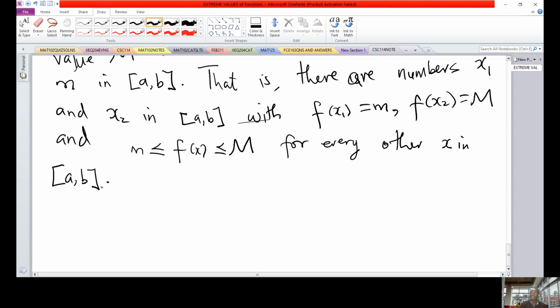We'll not go into the proof of this theorem because it involves knowledge of real analysis, which is not necessary for this course. So some possibilities, let's have some sketches of graphs.